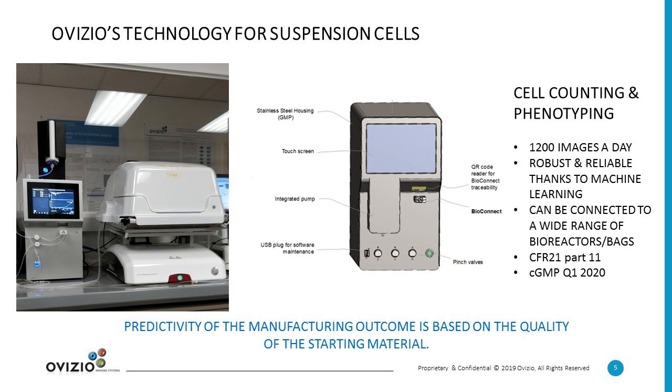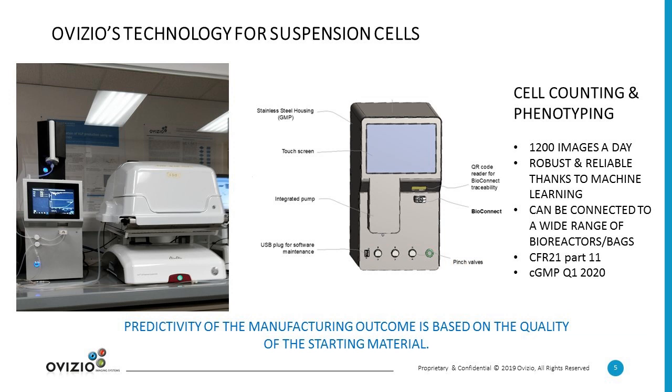The idea of the Inline F is still the same as with the current version: it enables you to take 1,200 images a day of your cells and of your culture, and it uses machine learning algorithms for a robust and reliable cell counting and phenotyping analysis of the cells.